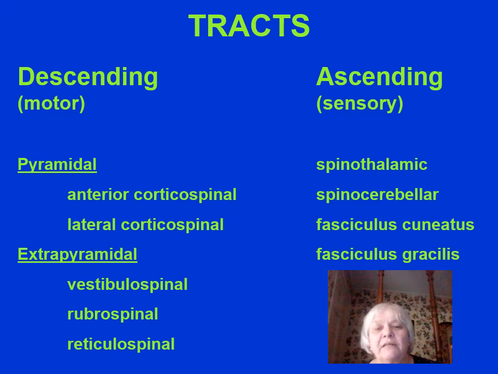But at any rate, the lateral ones cross over in the medulla oblongata, and the anterior ones do not. That's why most of your functioning on, say, the right side of the body is controlled by the left side of the brain, because of crossing over of most of those fibers.